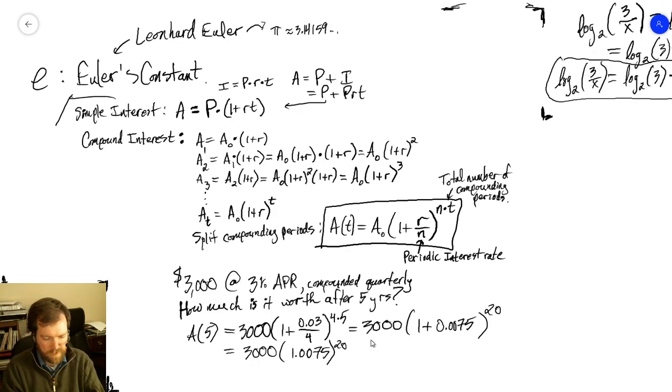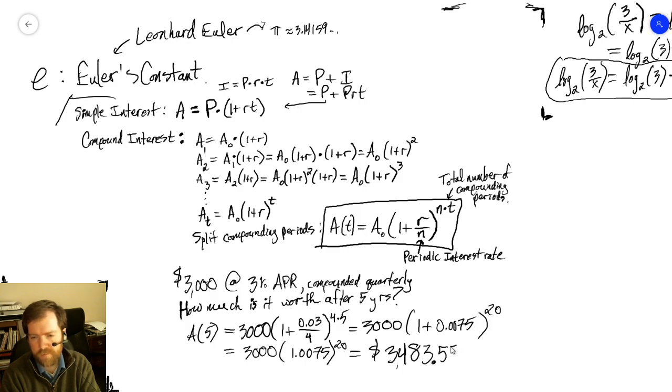So when we do this, we end up with a total 5-year amount of $3,483.55.